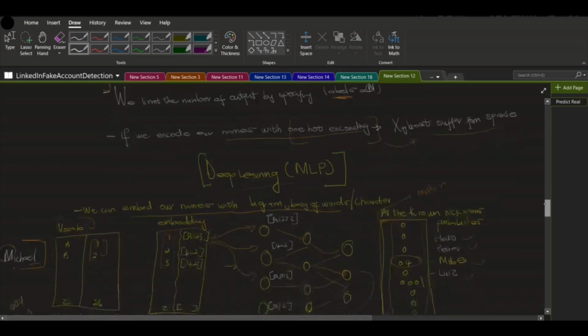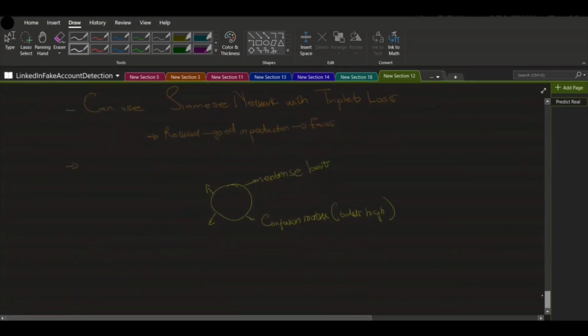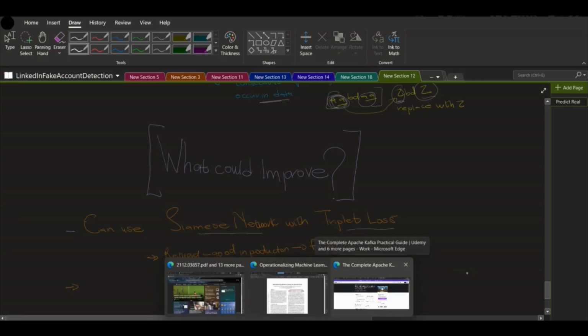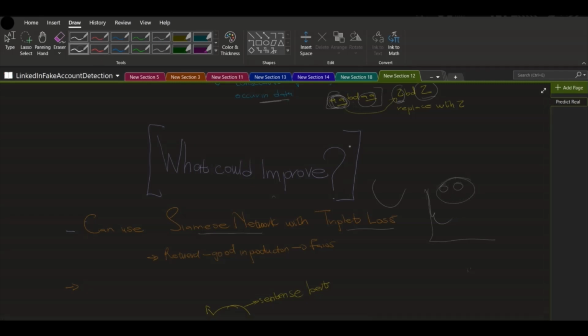But what are some of the techniques that we could have leveraged, which I think could still work? One of the techniques is a Siamese network with the triplet loss. Essentially you can think of this as we try to map all the names and nicknames that are related into the same space, and push all the names and nicknames which are not related far away.